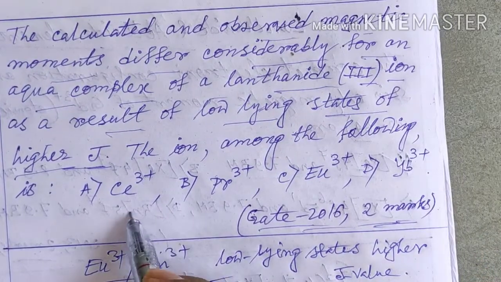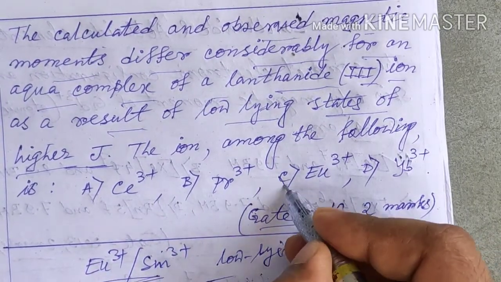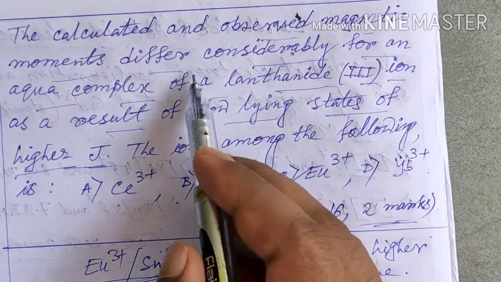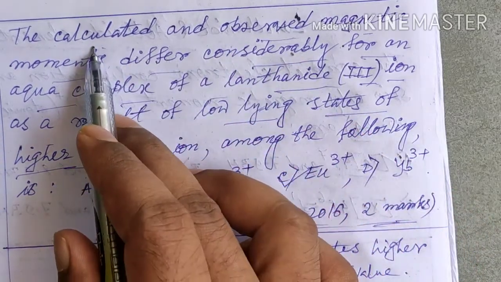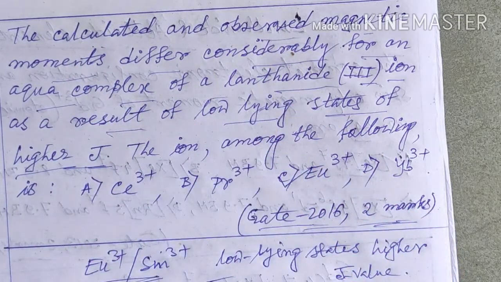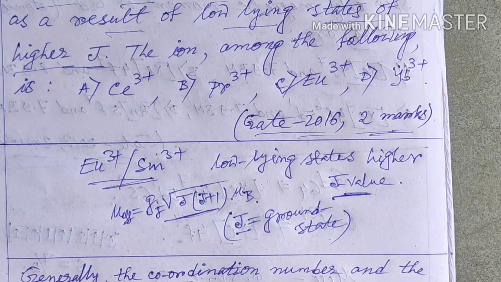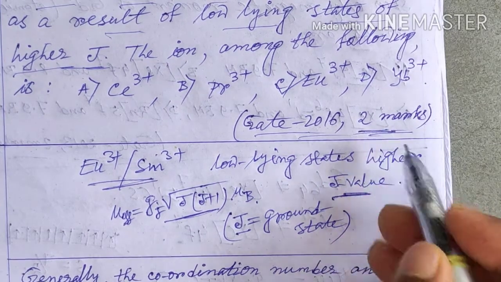So we can say that among these 4 elements, europium 3 plus will be the element for which there will be a considerable difference between the calculated and observed magnetic moments. Is it clear? It is a very easy question, and it came for 2 marks.